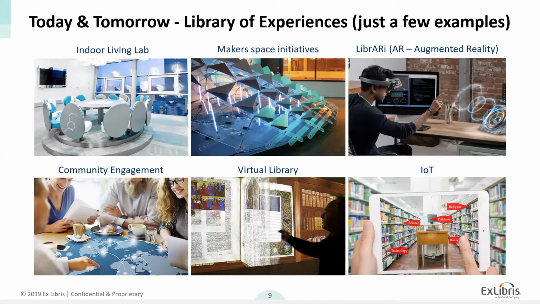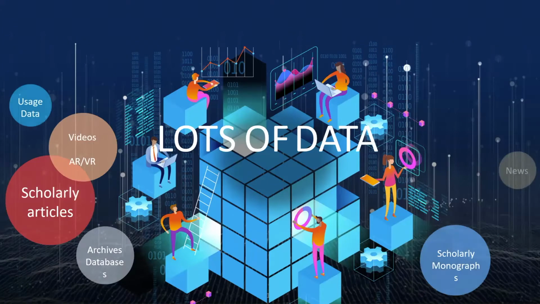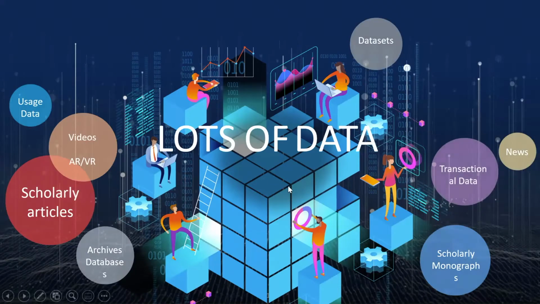So again, just a few examples of technology that we've already seen inside of the library: IoT, virtual libraries, augmented reality. But one thing is for sure, and that is that in the world around us, we are inundated today with lots of data. And that is no different in the library space. So in the library, we've got scholarly articles and archives, databases and usage data and monographs and transactional data, news and data sets.